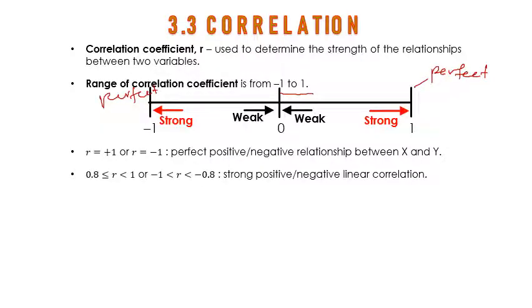So 0.8 to 1, or -1 less than r less than -0.8: 0.8 is strong positive. This is strong positive. This is strong negative.